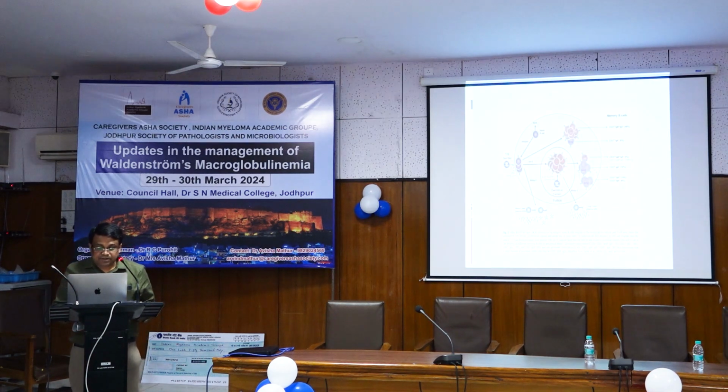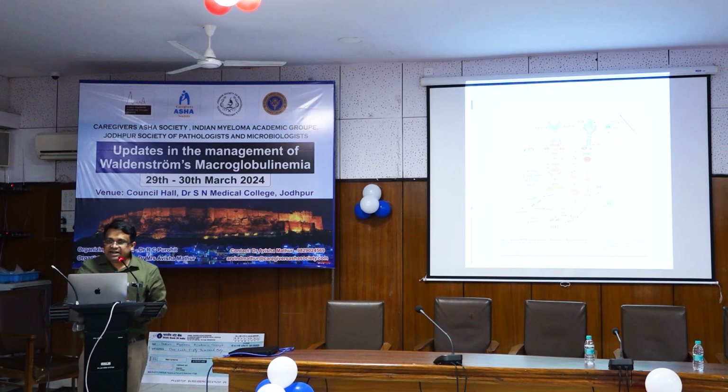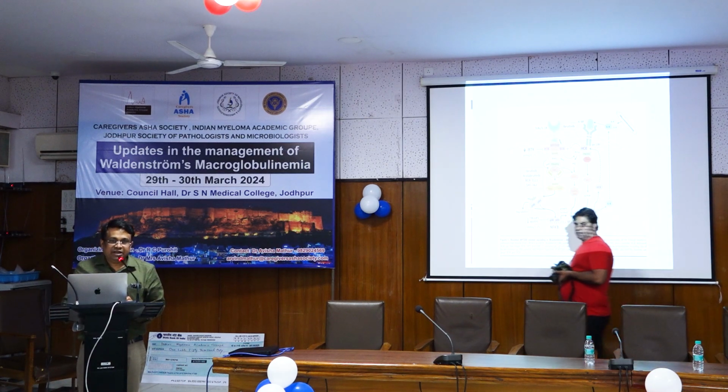And what happened in Waldenstrom macroglobulinemia? Just this diagram is very important. MYD88 is a myeloid differentiation primary response 88 protein. Its normal function is the execution of innate immunity.